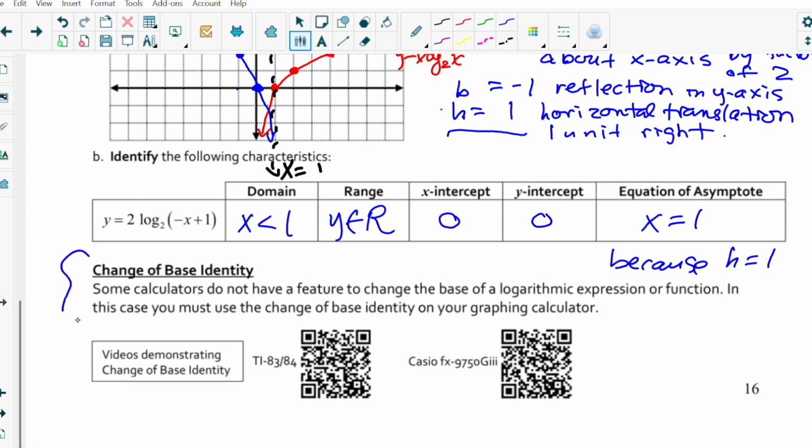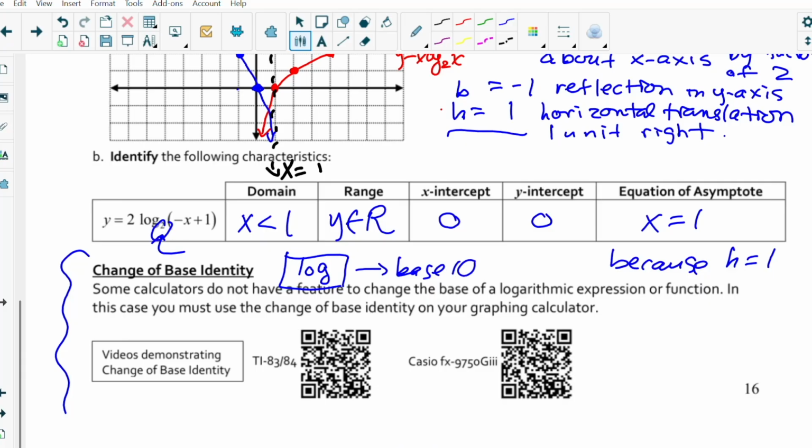Okay. This is a note about graphing. You should have come into this lesson already knowing how to do the change of base identity, because when you're graphing something with a base 2, remember the log key on your calculator is base 10, folks.